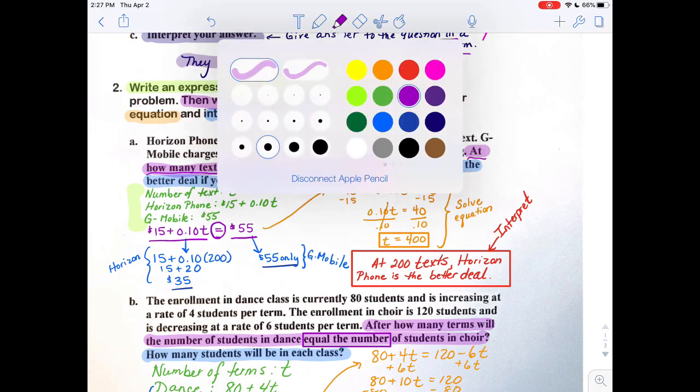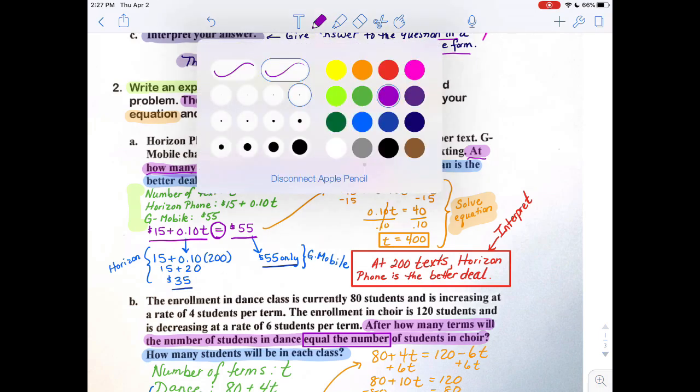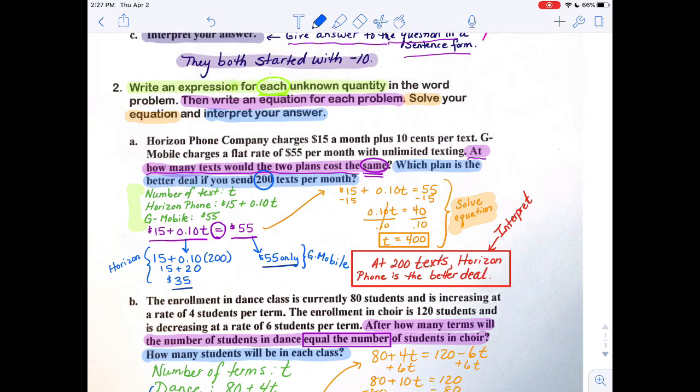So now you can see over here, we've got all of the solutions showing all the solving actions in my work. But then I've got to be very careful to read the next part of the question. It's not asking me how many text messages will there be, so it's the same. It's also asking which plan would be the better deal if I send 200 texts per month, which means I need to then take my Horizon Phone expression and plug in that 200.